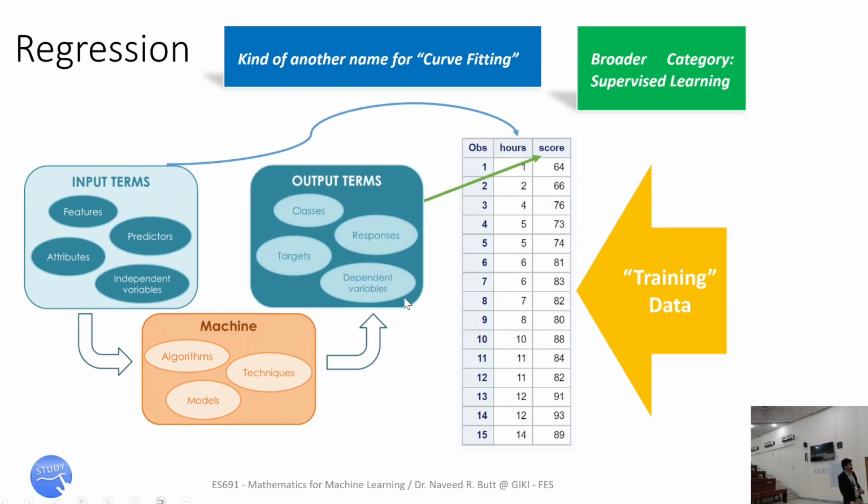So in regression, basically remember, there were input terms. Where is the input in this case? Features, the number of hours you studied. What are the labels or output? The score, the marks you got. And that is now acting as the training data to help me find this curve.